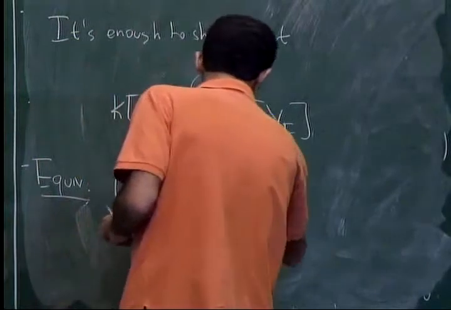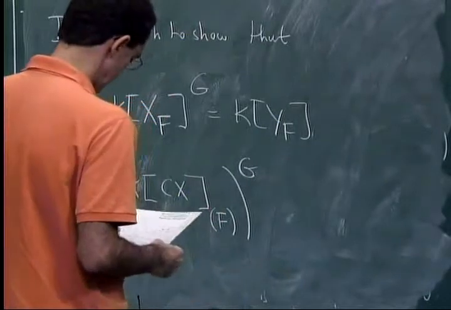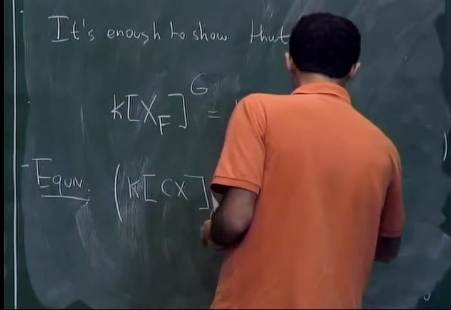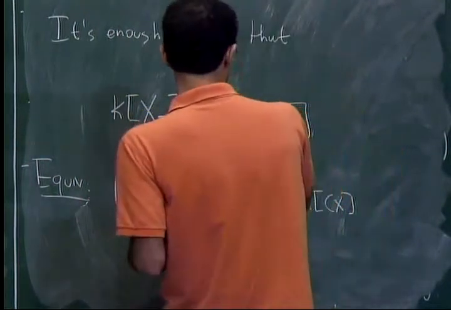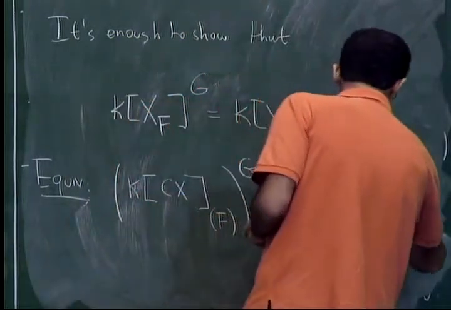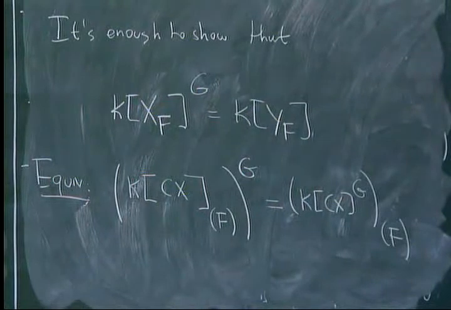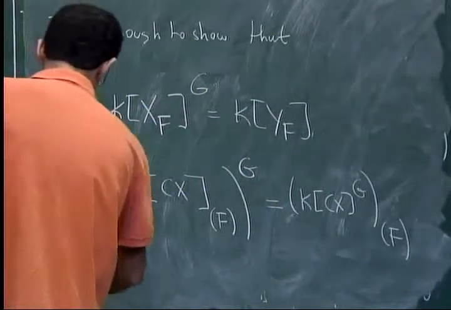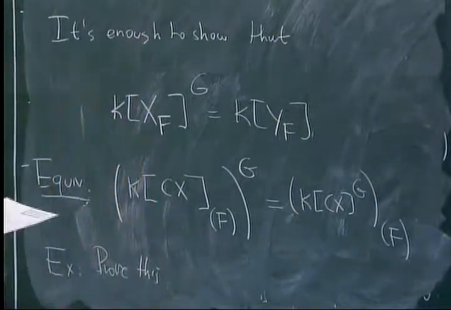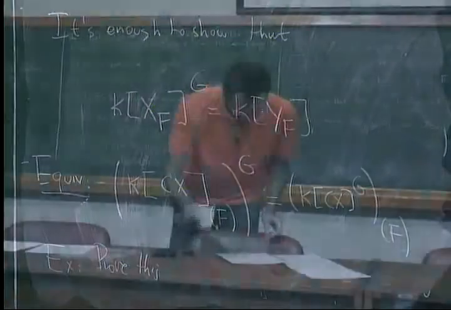And then I look at G. So G acts on this, so it will act on the localization. F is invariant. And then what I have to show is that the ring of coordinates of Y is the invariant ring, and then I localize at F. So that's what I have to show. Yeah? And that's an exercise from this. So it's quite simple, actually. Okay.